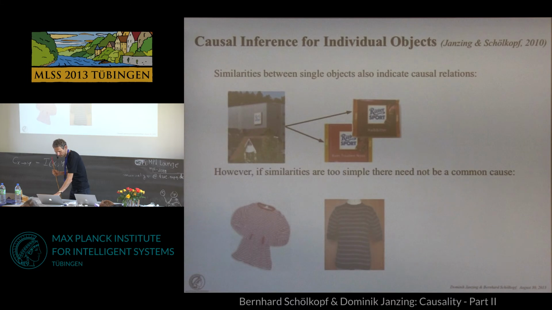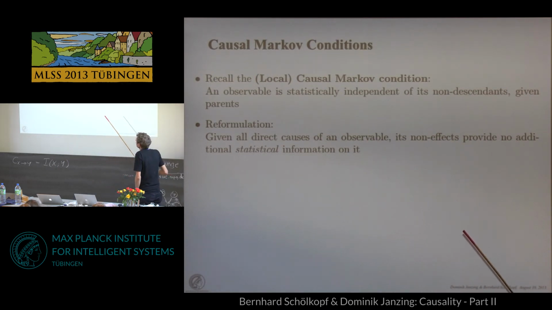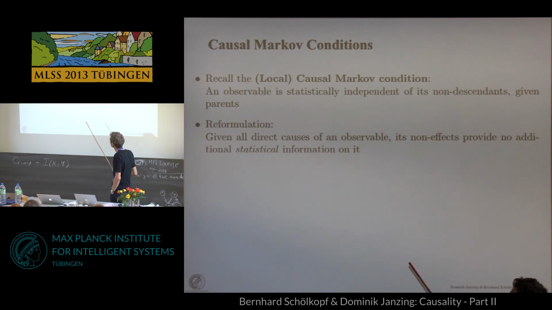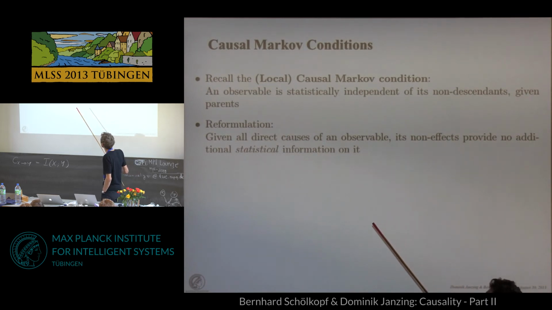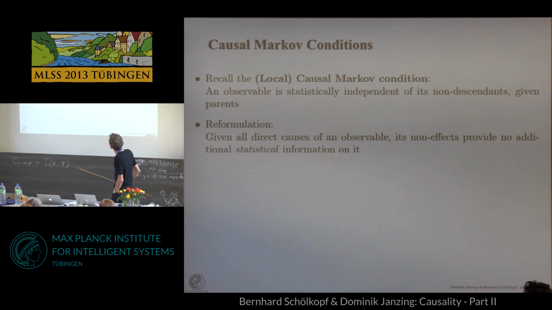And in order to do mathematics from this, okay, well, I should first explain this slide. We had the causal Markov condition for the statistical case that was basically stating that every observable is statistically independent of its non-descendants given its parents. We could also reformulate it slightly by saying, given all direct causes of an observable, its non-effects provide no additional information on it.